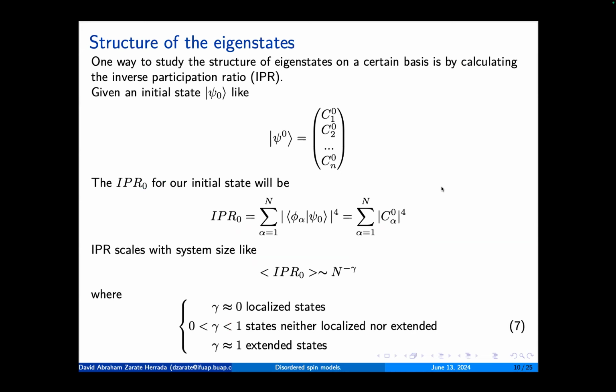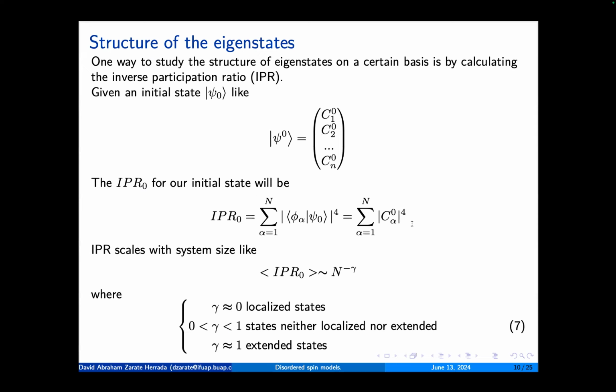Now we can also study the information by its eigenstates using some quantity, namely the inverse participation ratio, where given an initial state, the IPR for our initial states looks like this.